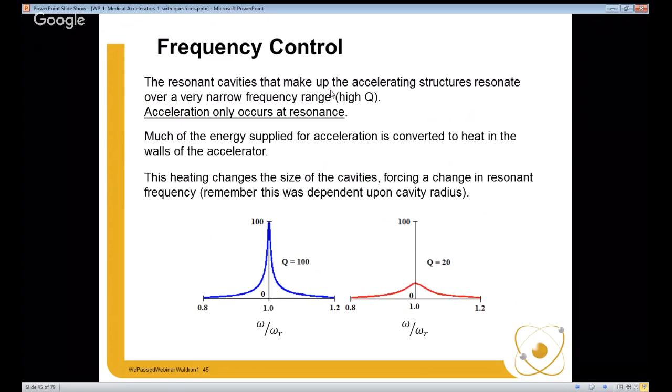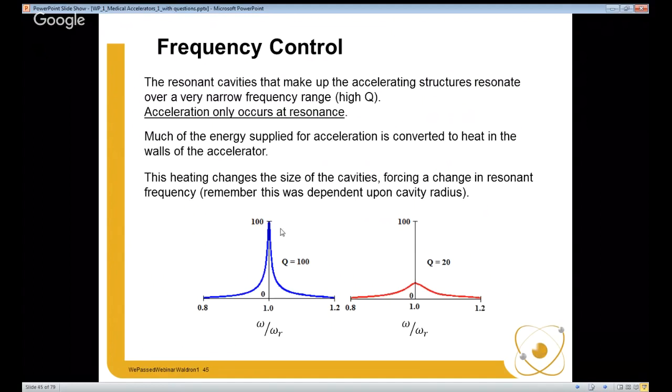The resonant cavities that make up the accelerating structures are very high Q cavities. Now, what that means is that if we look at the amount of energy they accept as a function of frequency, where the central axis here is the resonant frequency, and we're looking at the frequency of the electromagnetic wave entering the cavity, we can see that a very high Q cavity accepts a very high amount of energy over a very narrow frequency range, and a lower Q cavity accepts a lower power level at its peak, but does not fall off as rapidly.